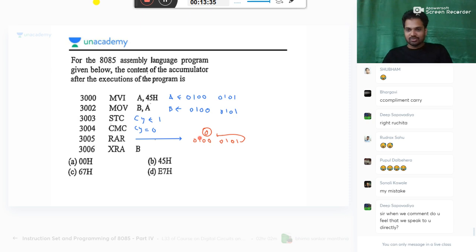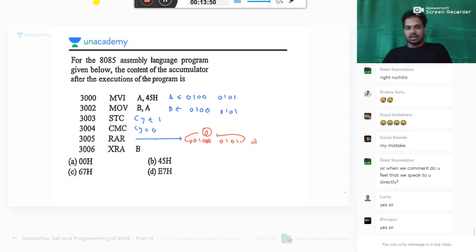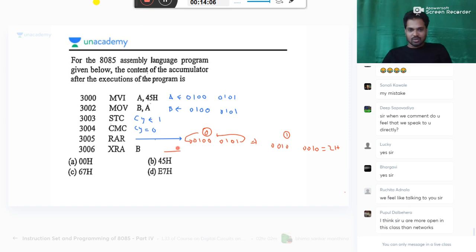So this bit will come here and this bit will go there. So 0, 0, 1, 0, 0, 0, 1, 0. That is 22 hexadecimal.